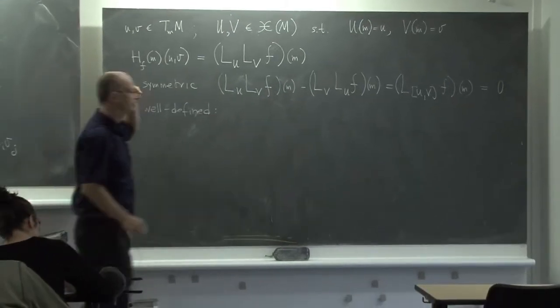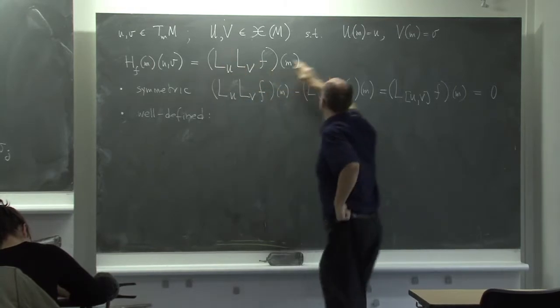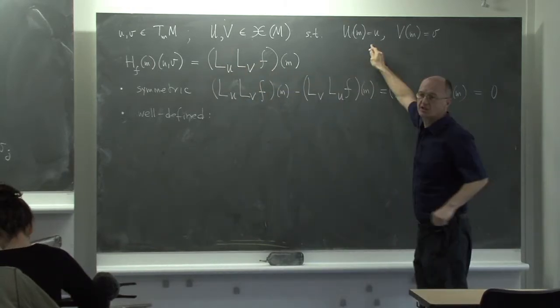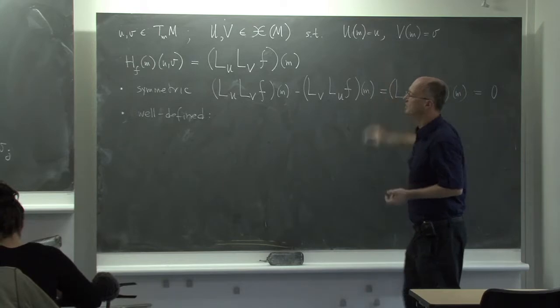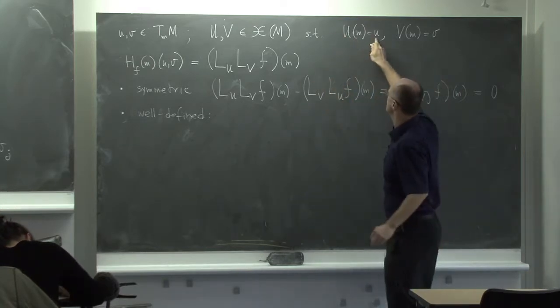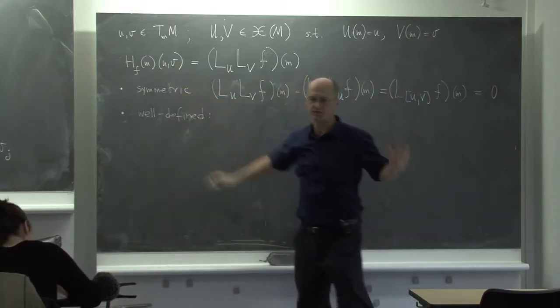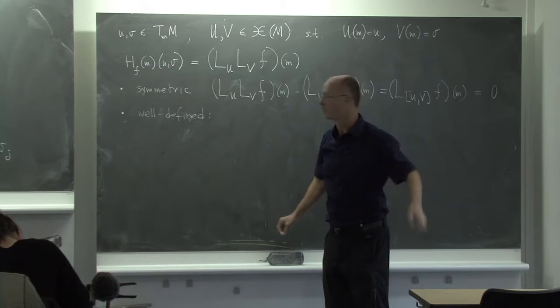What does it mean, well defined? You see, I chose some vector fields with given values at that point, but maybe I choose some other vector fields with the same value. Would it only depend on this value? So maybe it depends on something else.